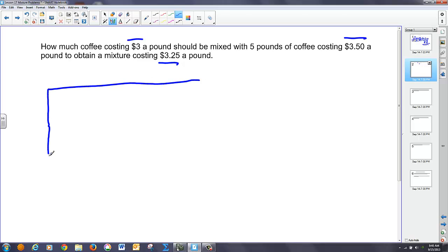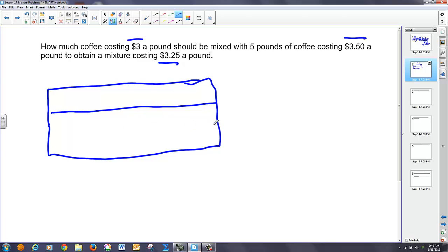So here we go. In this case, we have 3 items, not 2. We have the $3 pound mix, we have the $3.50 pound mix, and we have the $3.25 pound mix.